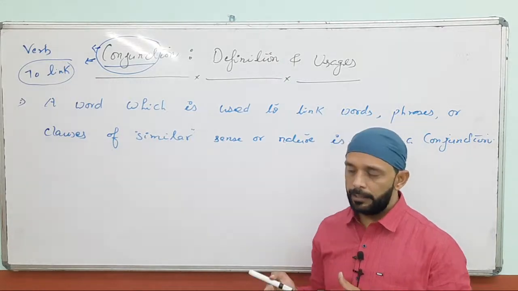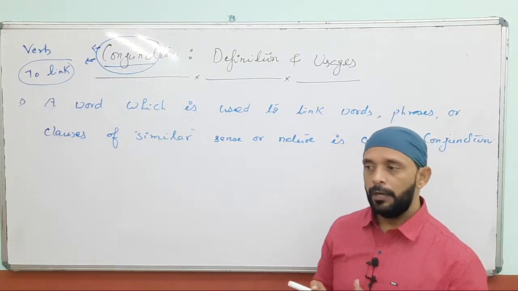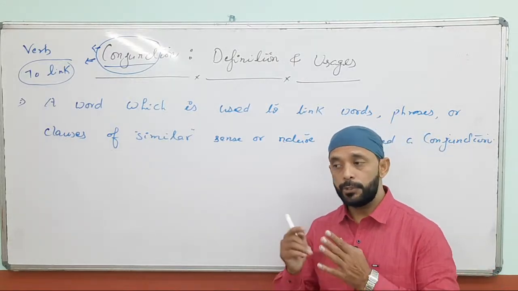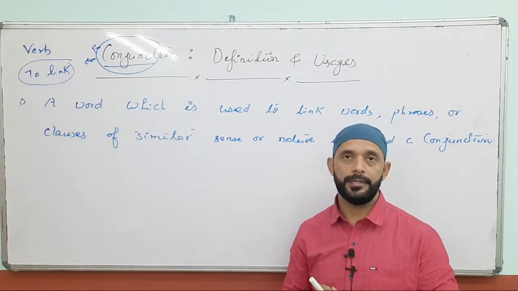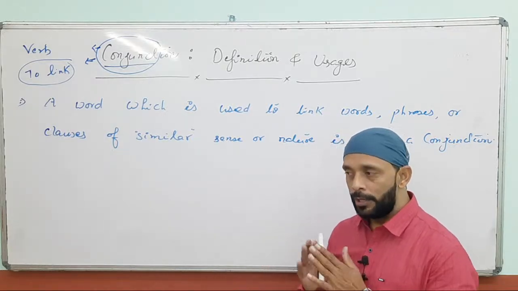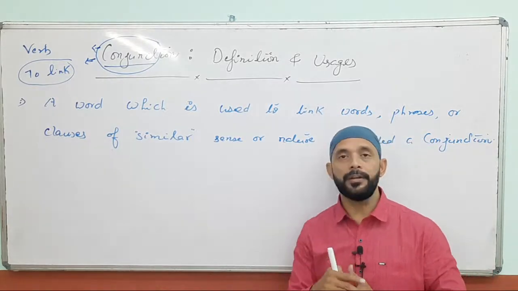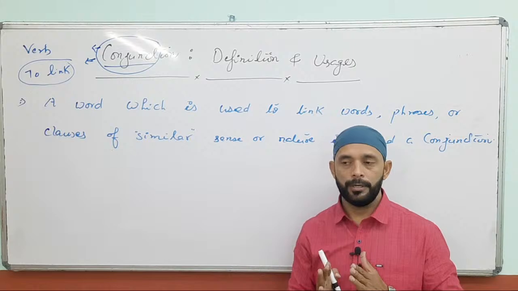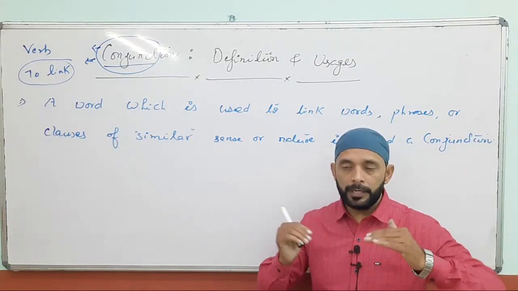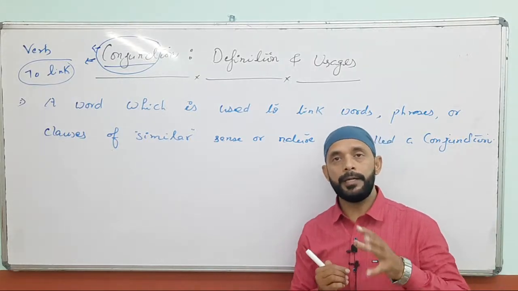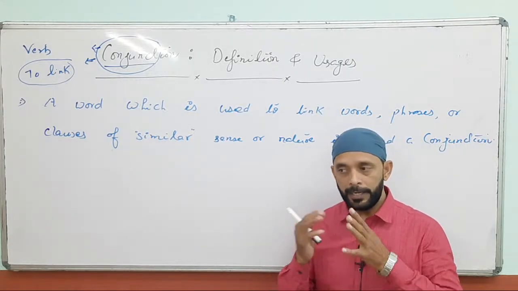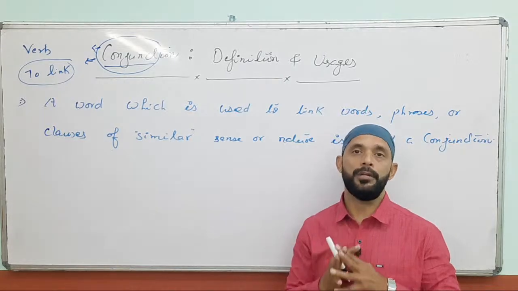But I say it is not used to link sentences. It is used to link clauses. Clauses before being linked are sentences. But when we are linking them, in that situation they are not sentences. In that situation they are clauses.